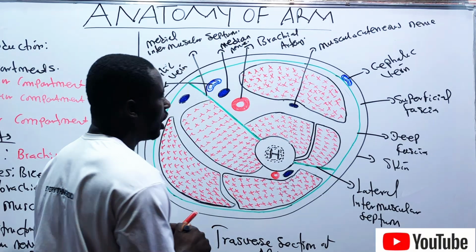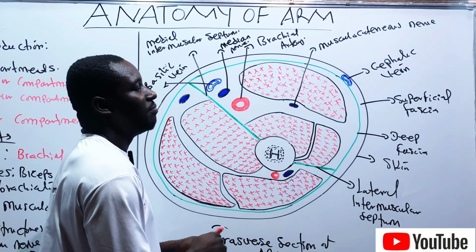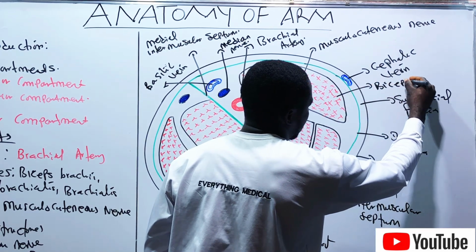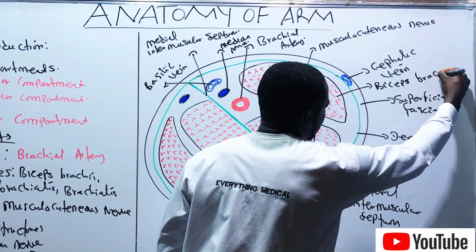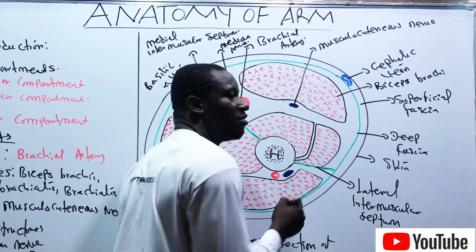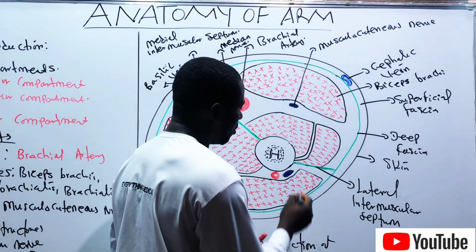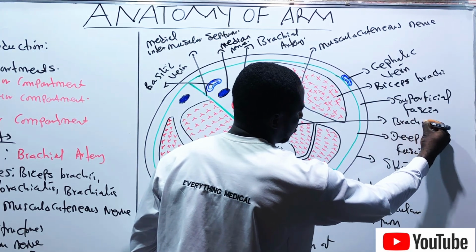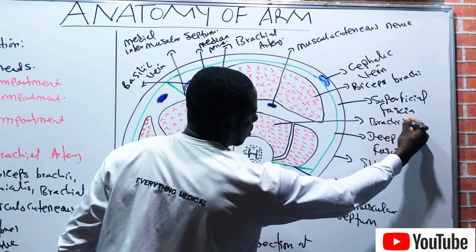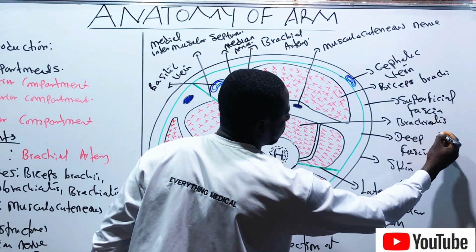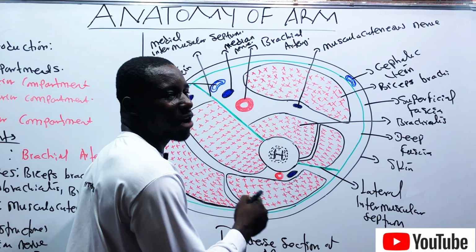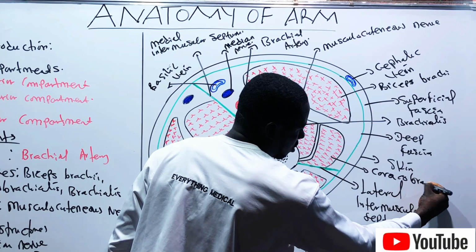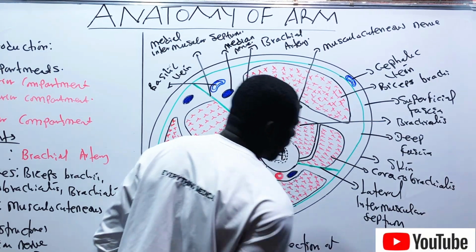Now, we have our nerve, which is the median nerve. Our first muscle is the biceps brachii. We have the next one, which is the brachialis muscle. The last one is the Coracobrachialis.